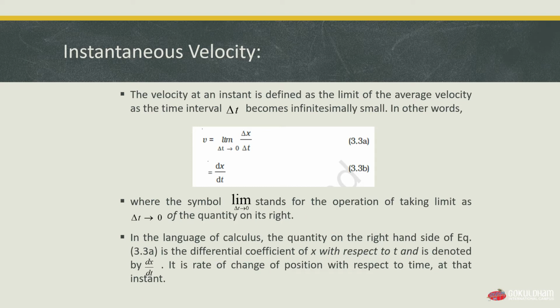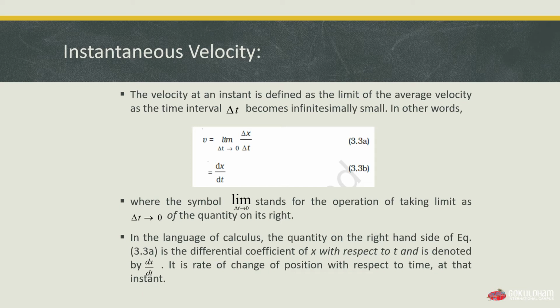Looking at the definition, the velocity at an instant is defined as the limit of average velocity as the time interval delta t becomes infinitesimally small. In other words, by the equation, velocity v or instantaneous velocity v is equal to delta x divided by delta t, meaning displacement divided by time interval, with the limit of delta t tending to 0, which is our equation 3.3a.